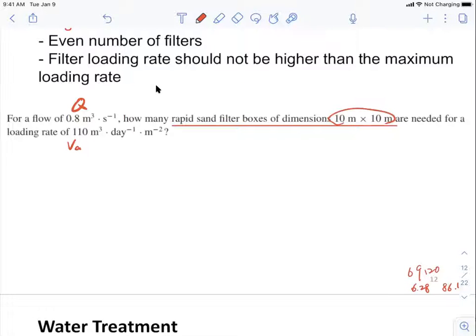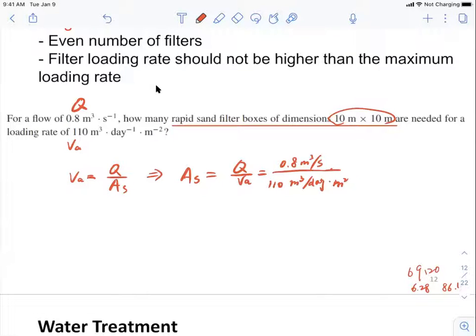First, based on the definition of the loading rate, VA is equal to Q divided by the surface area of the sandbox. We can rearrange it and get AS is equal to Q divided by VA, which is 0.8 meters cubed per second divided by 110 meters cubed per day per square meter.